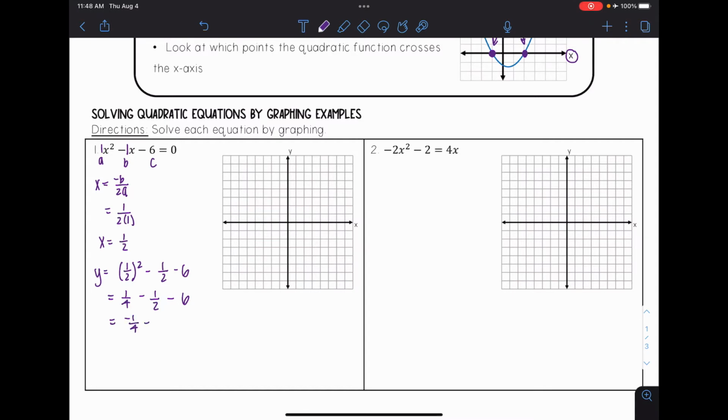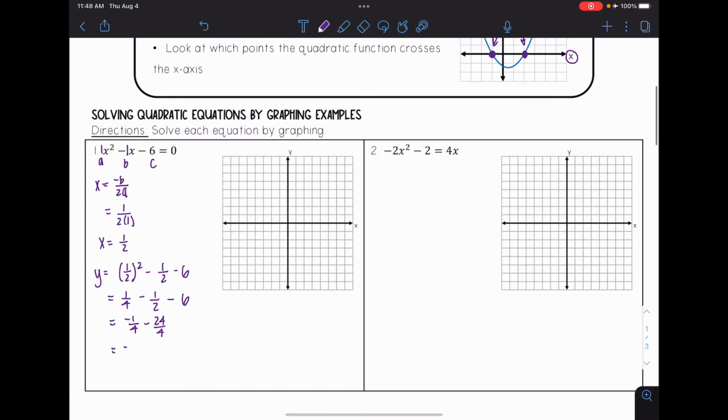And I'm going to change this 6 to being over 4, so to do that I need to multiply top and bottom by 4, and I get 24 over 4. So I get that this is equal to -25 fourths.